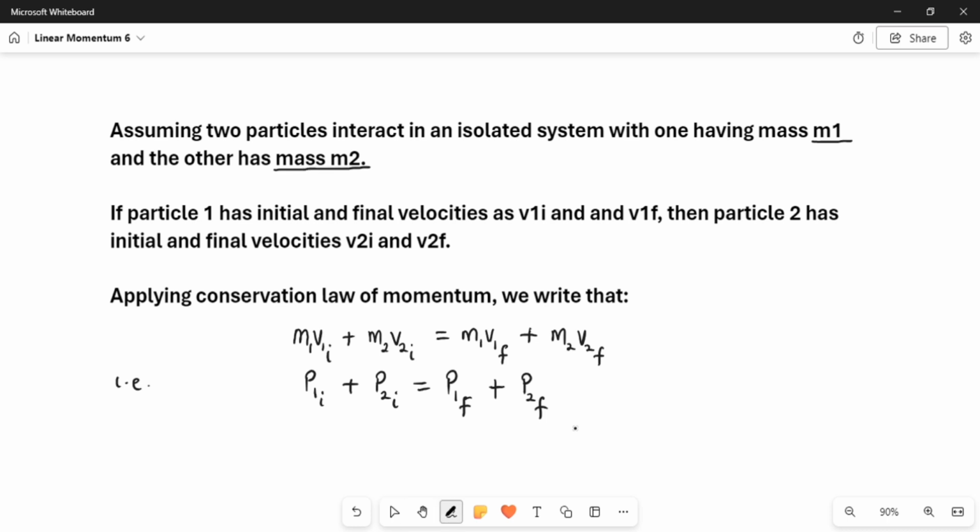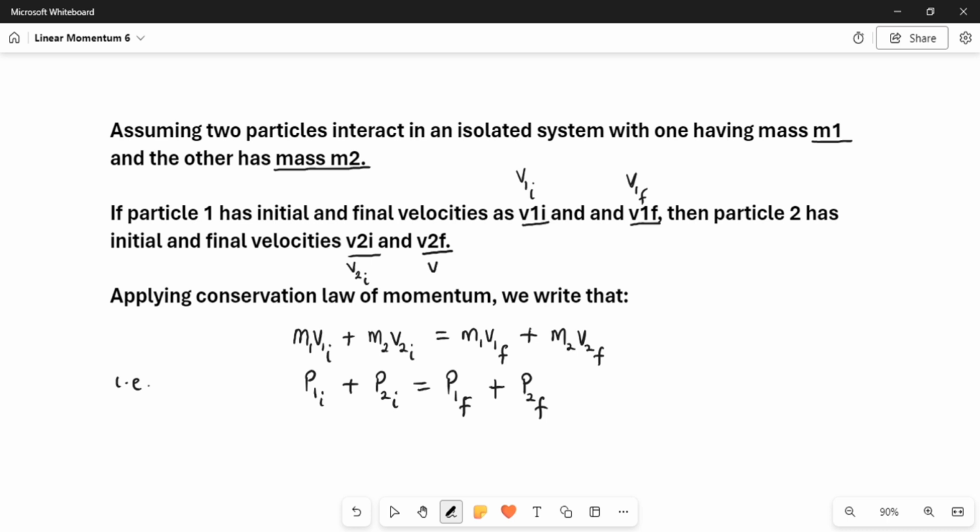If the first particle has initial and final velocities v1i and v1f, so for the first particle, the initial velocity is v1i and the final velocity is v1f. For the second particle, the initial velocity is v2i, the i indicates initial velocity, the 2, the subscript there, indicates the second particle.